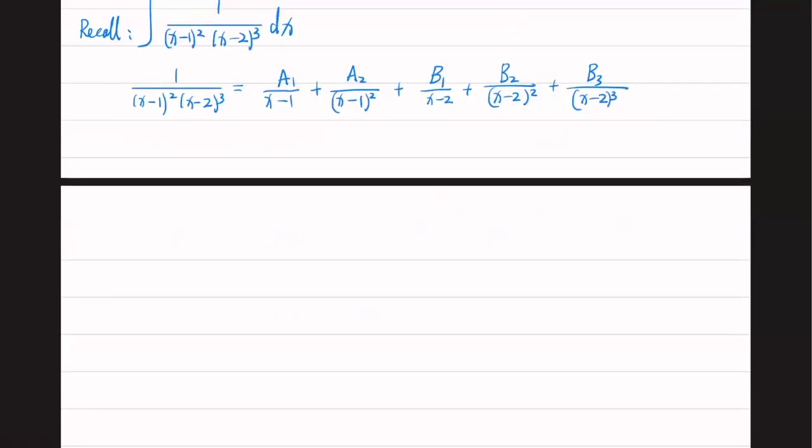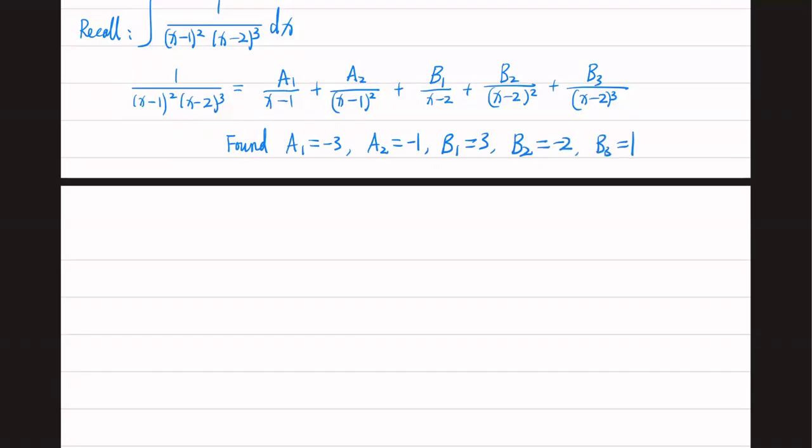Okay, then through some work, we find these coefficients. We eliminate the denominator, so 1 equals the product of this. We found the coefficients.